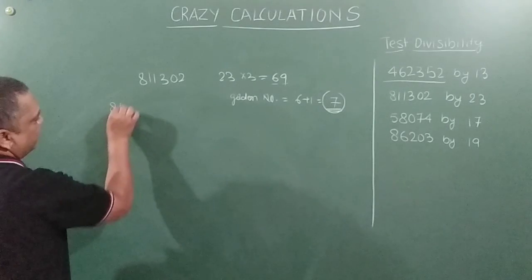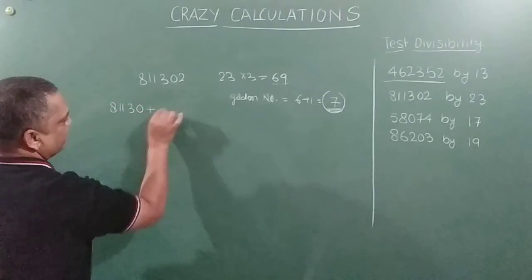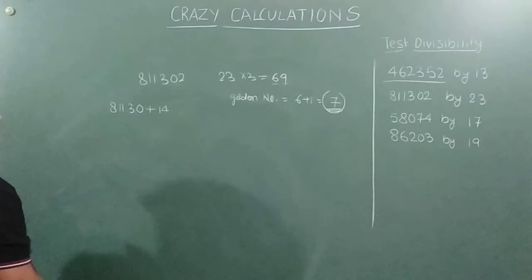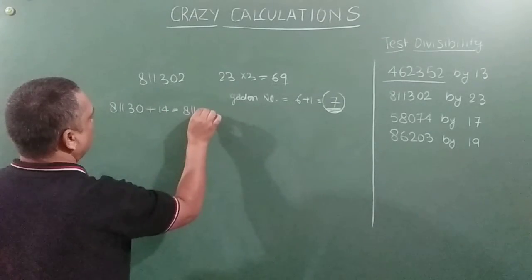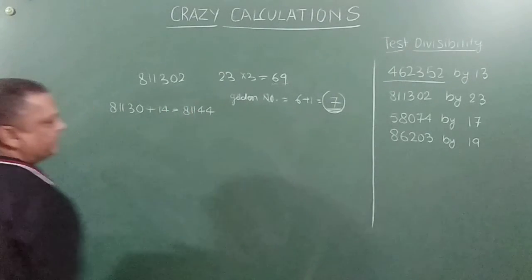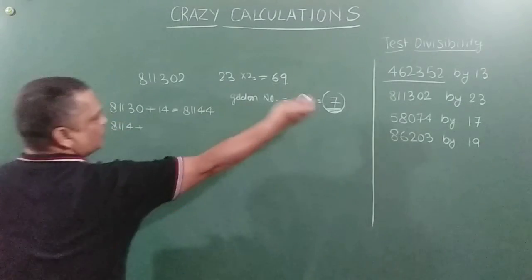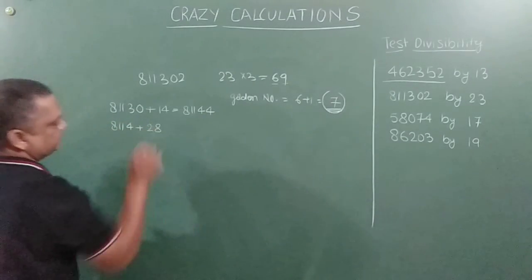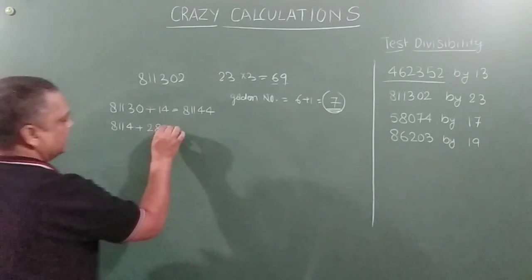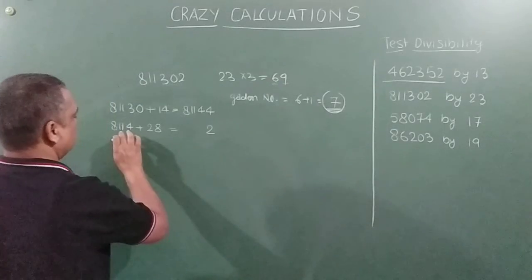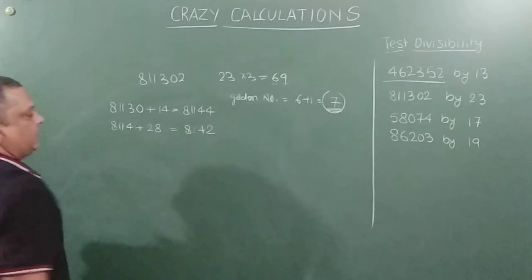Now I will do the oscillation process with this number 7. How do we do it? 81130 plus 2 into 7, that is 14, so this is equal to 81144. Now 8114 plus 4 into 7 is 28, equal to 8142.